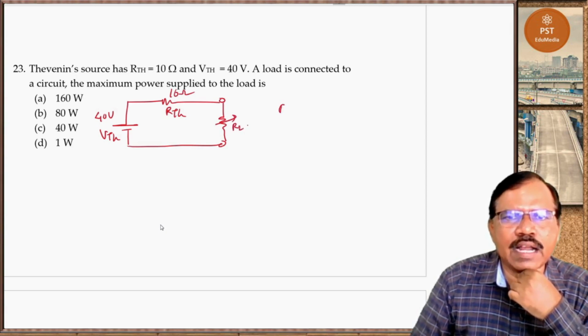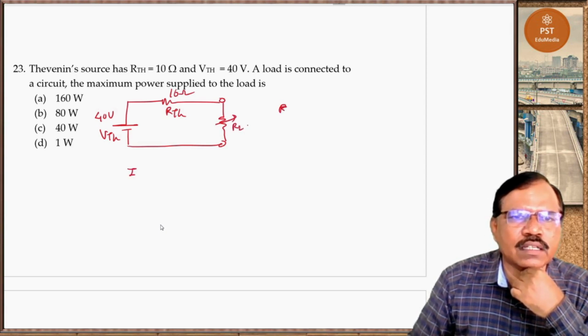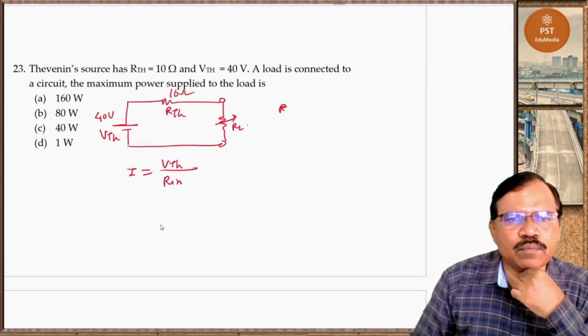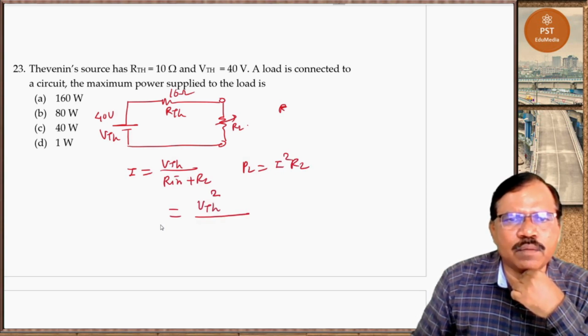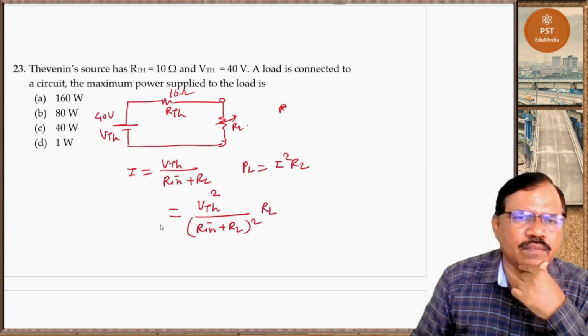So what is current? Current is VTH upon R in plus RL, and power delivered is I square RL. So it is VTH square upon R in plus RL square multiplied by RL.